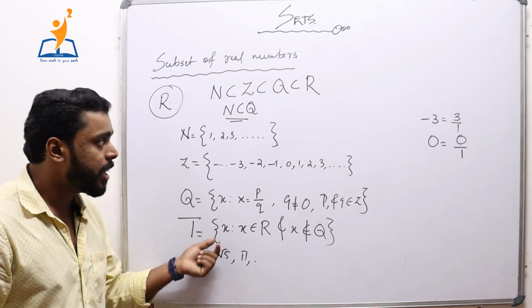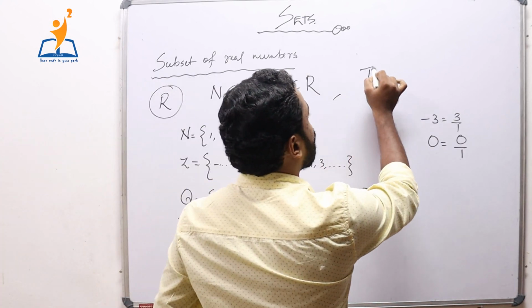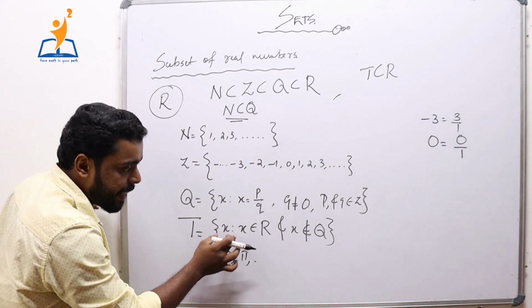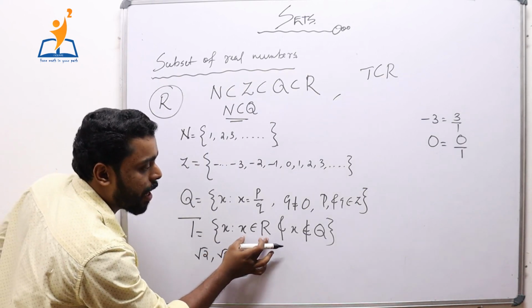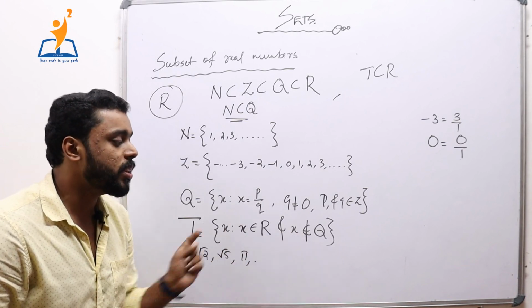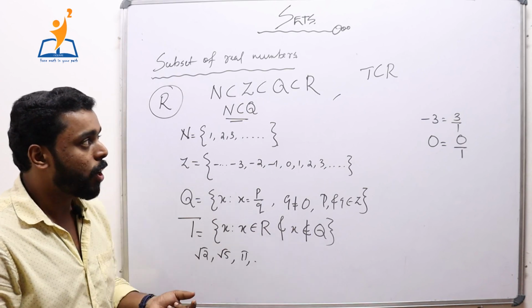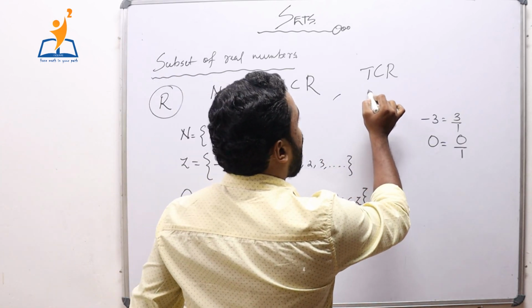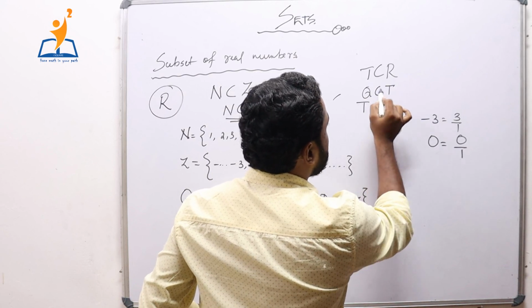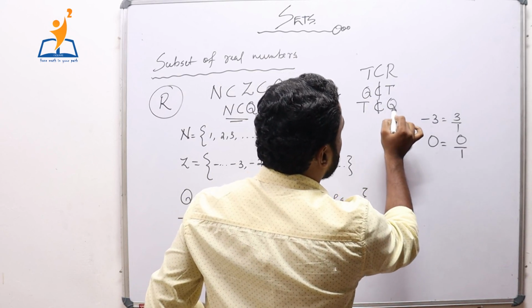Clearly we know that T is a subset of R because each and every element of T is an element of the set R. Also note that those elements are not elements in the set Q. Then clearly Q is not a subset of T and T is not a subset of Q also.